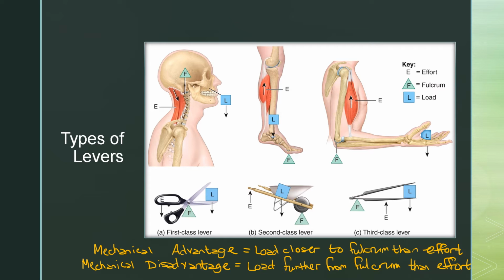So with this in mind, the mechanical advantage versus disadvantage, levers are categorized into three types, and this is according to the positions of the fulcrum, the effort, and the load. The first category that we have here is a first class lever. This is when the fulcrum is between the effort and the load. Scissors and seesaws are really good examples of first-class levers.